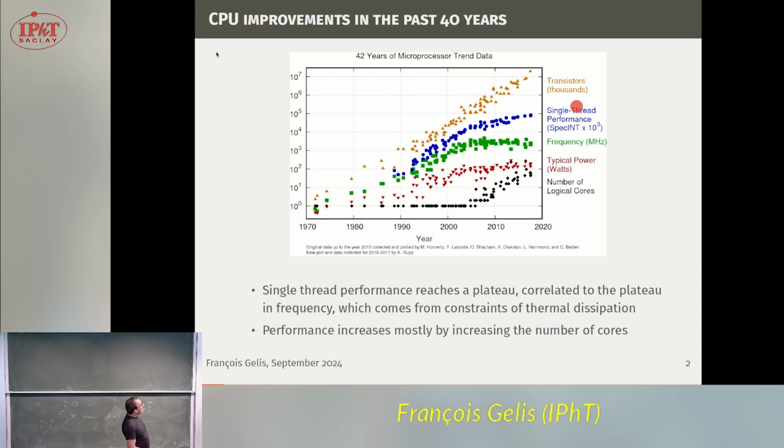And the main reason why the performance of a single core cannot increase ad infinitum is basically the typical thermal power they release and the difficulty in just getting rid of this heat. And you see that for the last 20 years almost, the typical power is reaching a plateau of around a couple hundred watts typically.